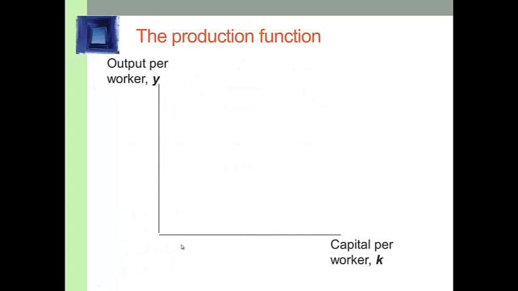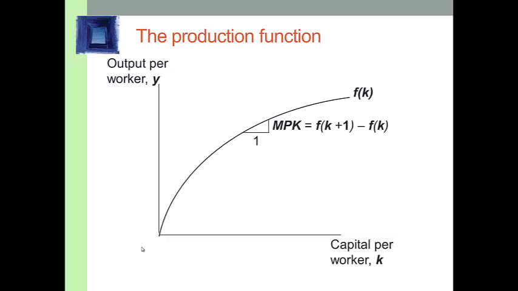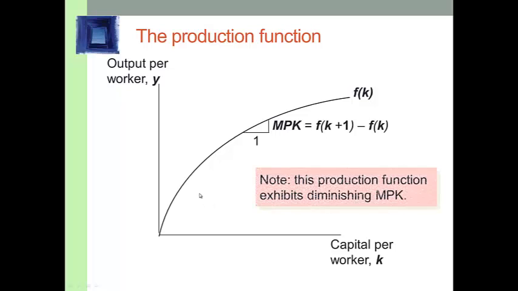Now we can represent that production function graphically. On our x-axis we have capital per worker, our y-axis output per worker. This production function shows that at low levels of capital per worker, an additional unit of capital is relatively productive.